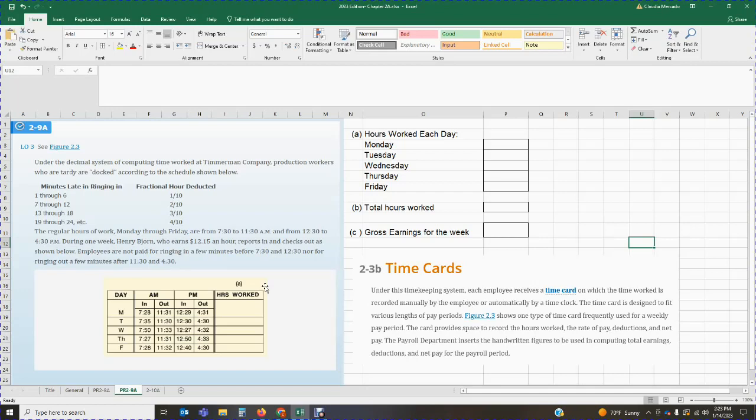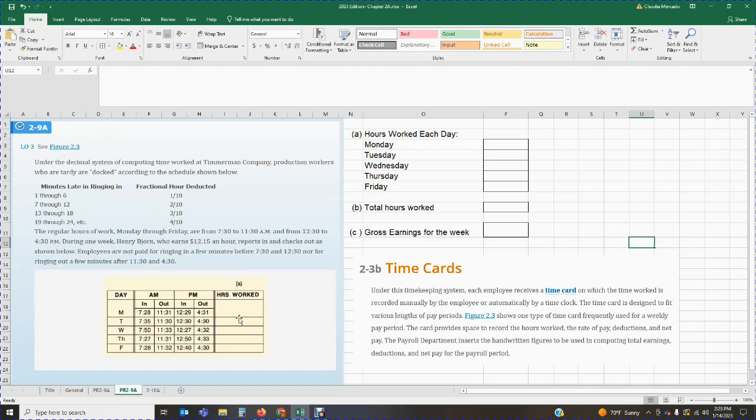Others have a punching system where you enter a physical card into a system and it clocks you in or out. There are some systems where you clock in using your fingerprint. It doesn't matter the type of time card or the method utilized to keep track of your time. We need to be able to keep track of how many hours a day you worked, so we utilize that information to calculate your pay for the week.